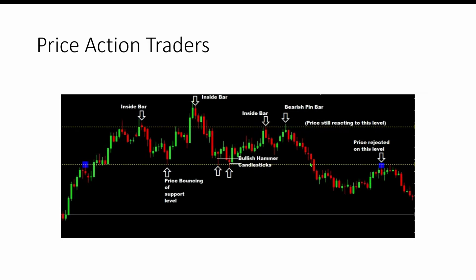So as this breaks support here, always, in my opinion, wait for a retest. Price rejected on this level. Now that it comes back up and retests, you wait for a candle that looks like a bearish candle, and you can make your decision, and then it rolls over. That's how price action traders will trade.